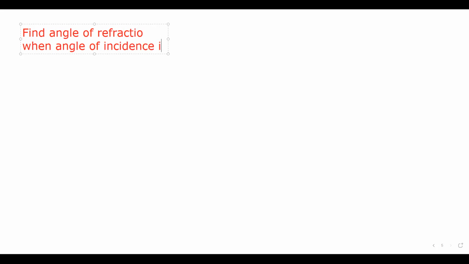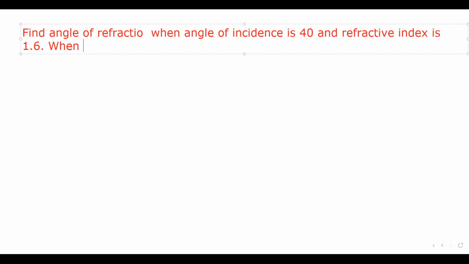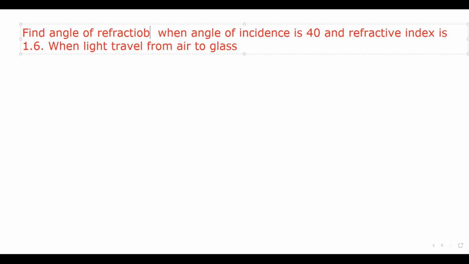Like the question is, find the angle of refraction when the angle of incidence is 40 and the refractive index is 1.5 or 1.6, when the light travels from air to glass. So light is traveling from air to glass.